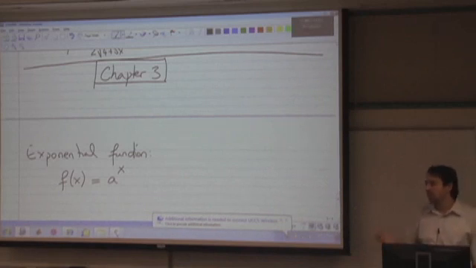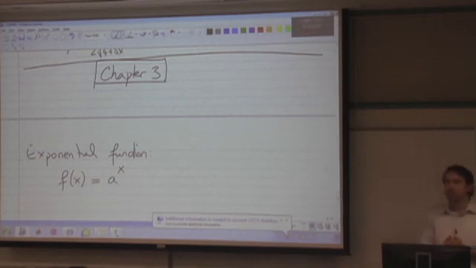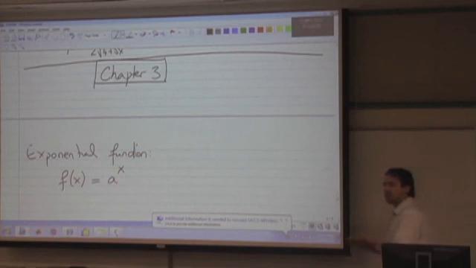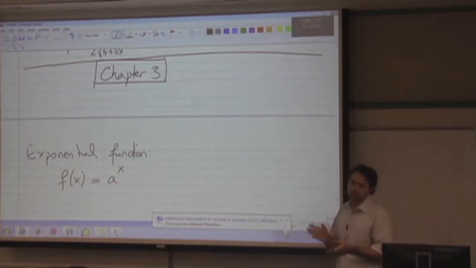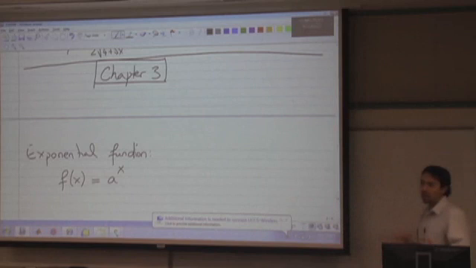But what happens if you put in an irrational number? Or what is 2 to the power of e, for example? As it turns out, you can approximate things using rational numbers. Like e is 2.71, and it keeps going. So technically, you approximate that with 2.71 and 2.72.